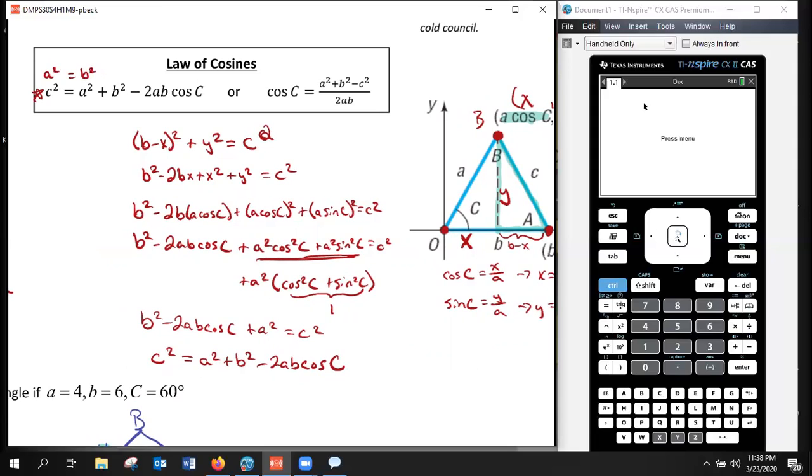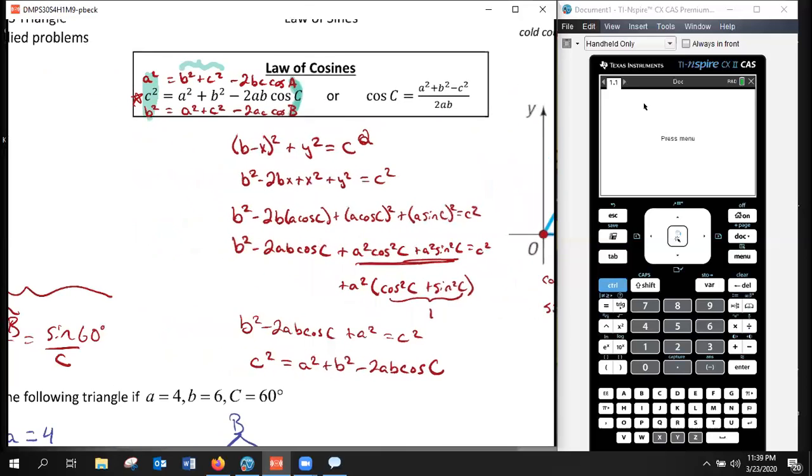The a squared will be equivalent to b squared plus c squared minus 2bc cosine of angle A. Or if I want to know b, I could say b squared will equal a squared plus c squared minus 2ac cosine of angle B. What you should notice is whether you're trying to find side A, side B, or side C, it should match up with the angle that we're trying to find over here. And the other two sides are going to be built into the expression, like b squared plus c squared.